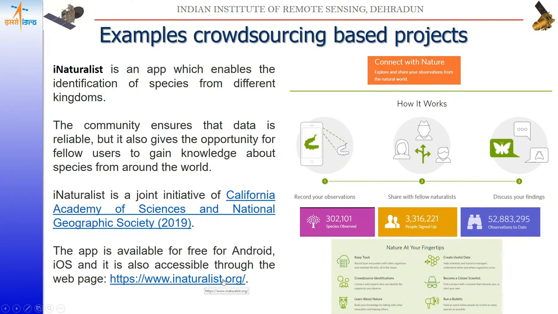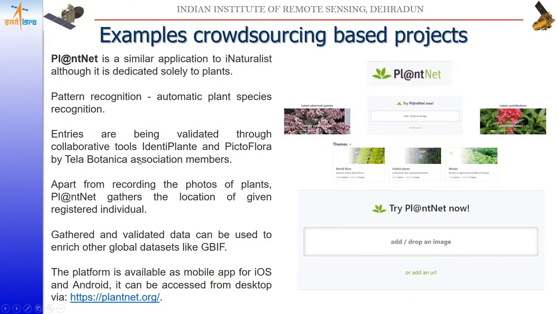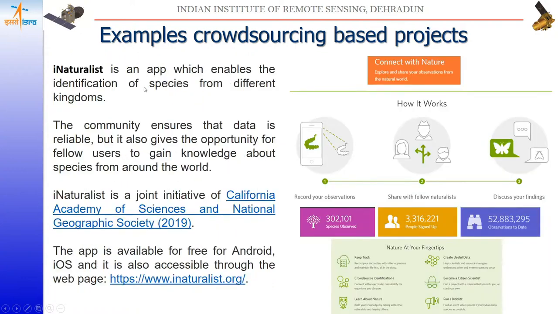Similarly, Pl@ntNet is another project dedicated solely to plants. The previous one, iNaturalist, was for different kinds of species. It can be a plant species, an organism, microorganisms, any other living things, not only from the animal kingdom but also from the plant kingdom.